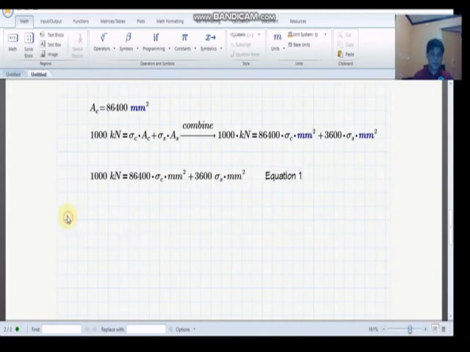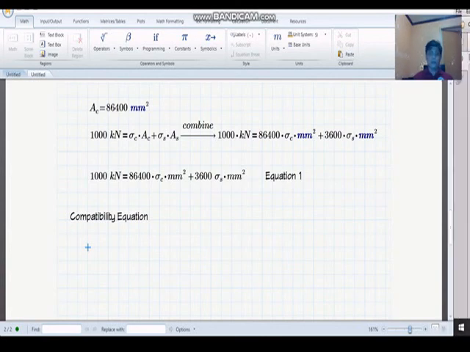Next, we need to determine the compatibility equation. So how do we determine the compatibility equation? Let us observe the diagram.